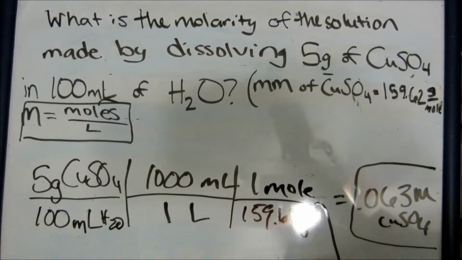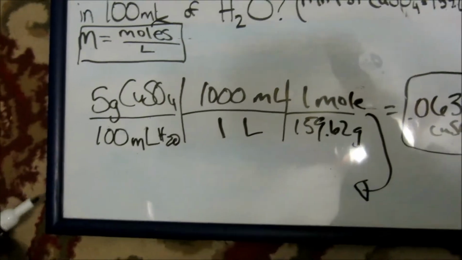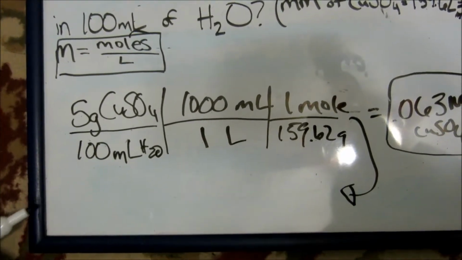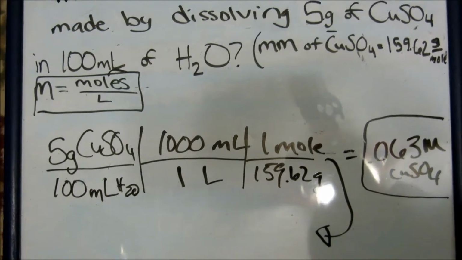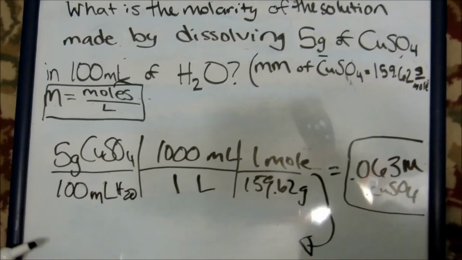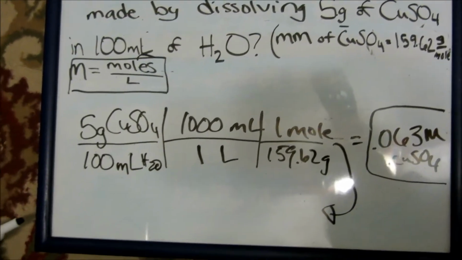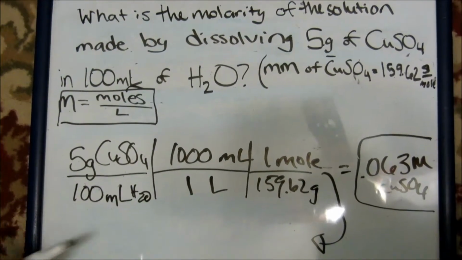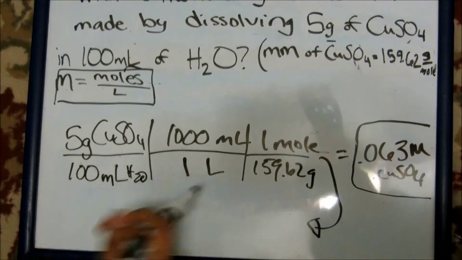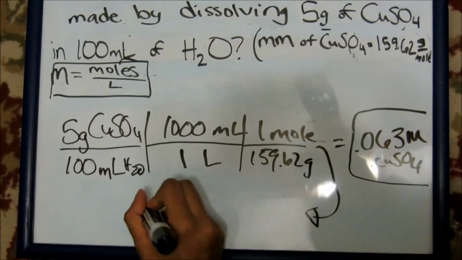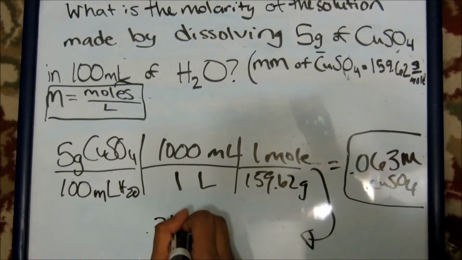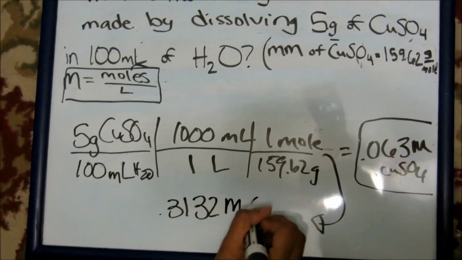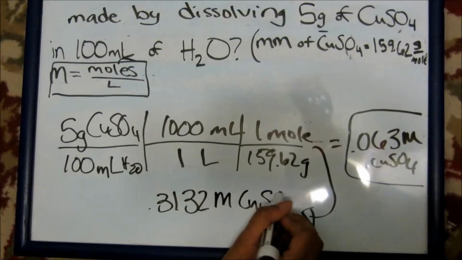That will get you, after multiplying 5 times 1,000, and that's all over 100 times 159.62. After you divide 5,000 by that number, you get 0.312 molarity of copper 2 sulfate.